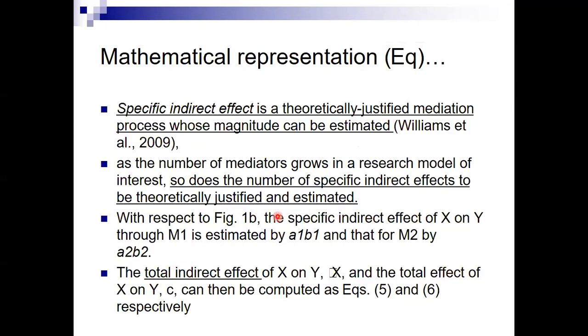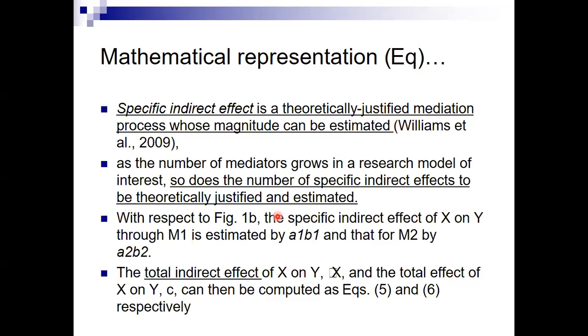Now, a specific indirect effect is a theoretically justified mediation process whose magnitude can be estimated. So you really need to justify it theoretically to establish a specific indirect effect. Let's say mediation 1 for variable 1, maybe M1 or M2 or M3. It could be more than 2, or 3 or 5, okay?